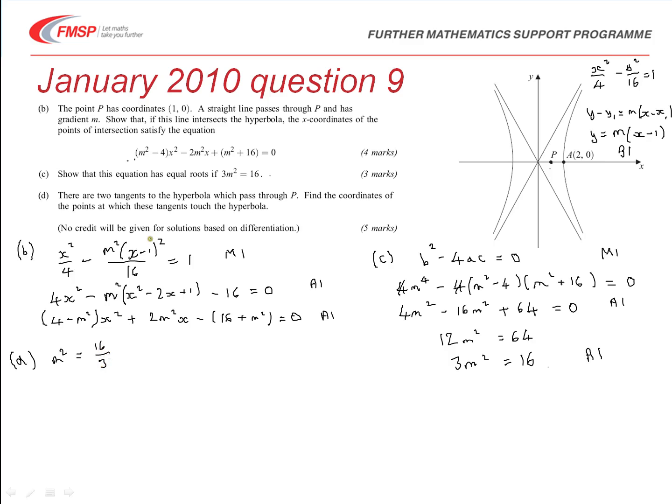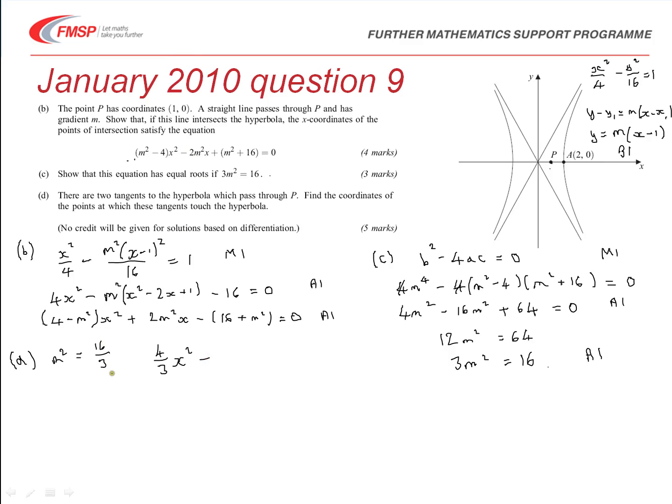So we can substitute that into the quadratic equation to give us a quadratic that's appropriate. So if we substitute it in, we've got 16 over 3 minus 4, which of course is 12 over 3, which gives us 4/3 of x squared, minus 2m squared lots of x.